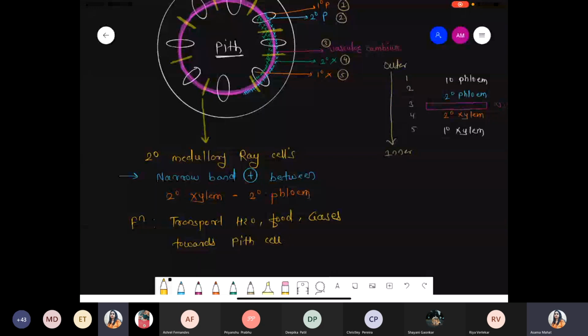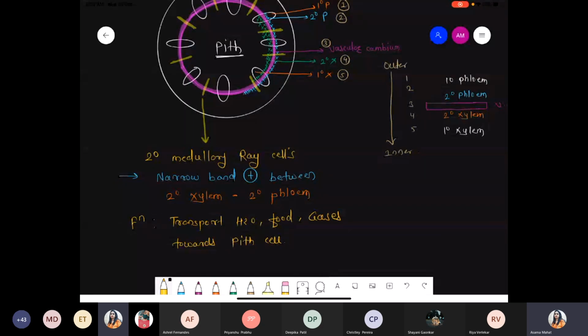And you know very well, whenever we use the word wood, it means these are non-living, dead, and if cells become dead they become non-functional. So how to provide water and food inside the core of that stem? That function is performed with the help of the secondary medullary ray. And we use the word secondary because these are part of secondary growth.